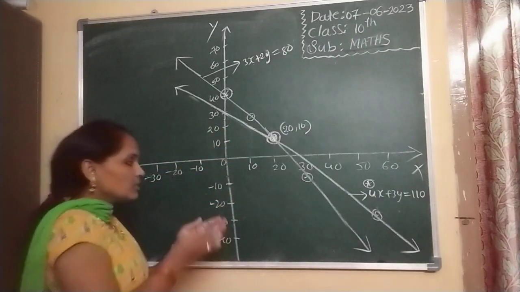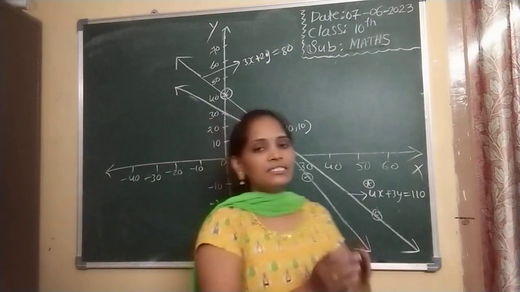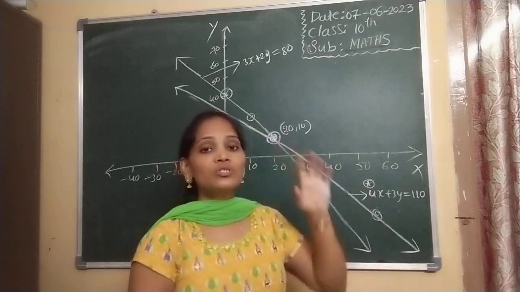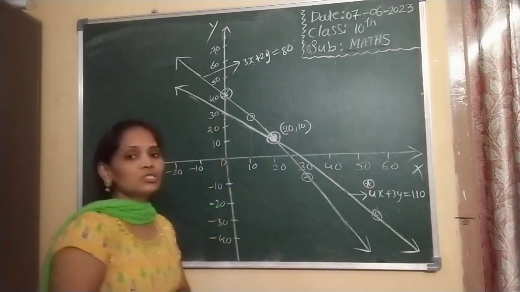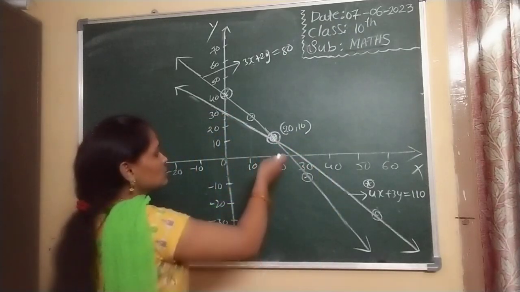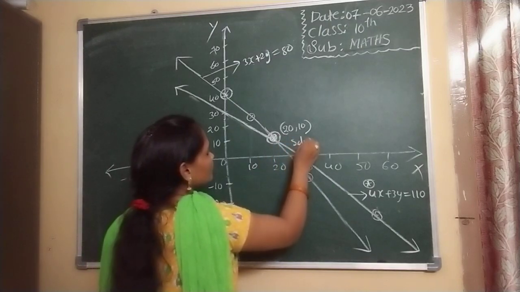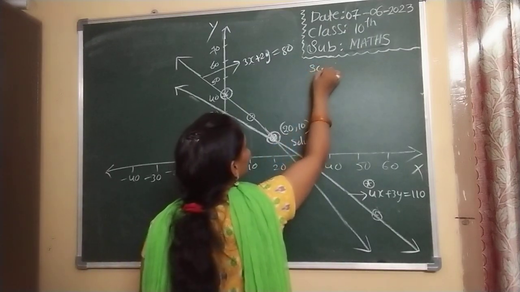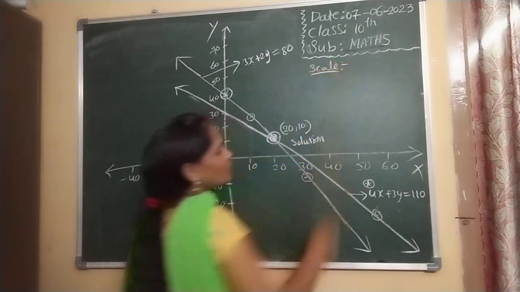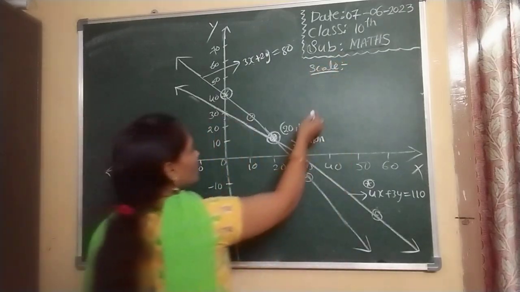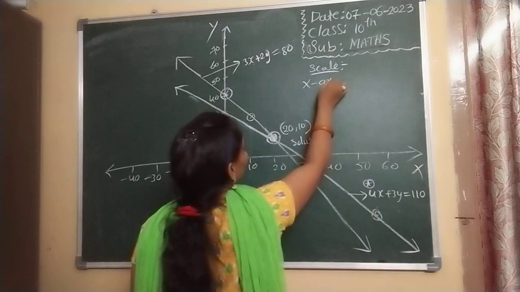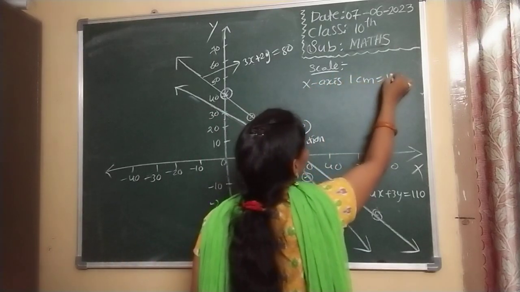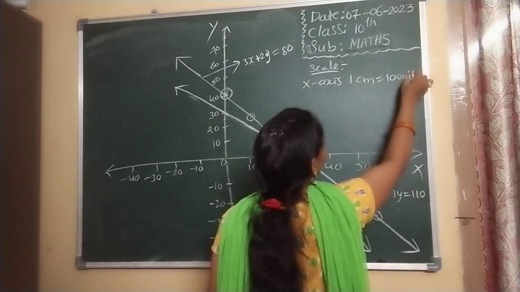Now the two linear equations intersect at one point, so that one point is called the solution of both linear equations in two variables. Okay, this is called a solution. Okay. Now scale. Scale is very important after plotting a graph. Now how to write for the x-axis? 1 centimeter, 10 units.